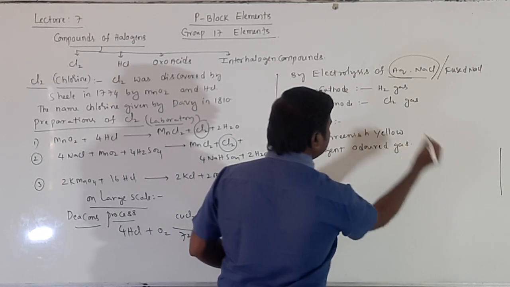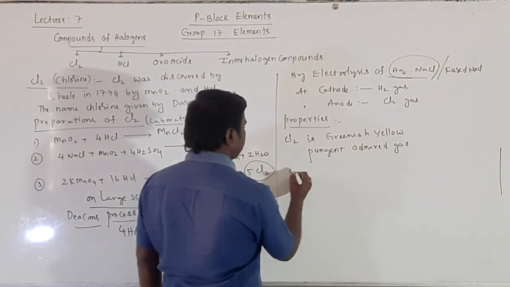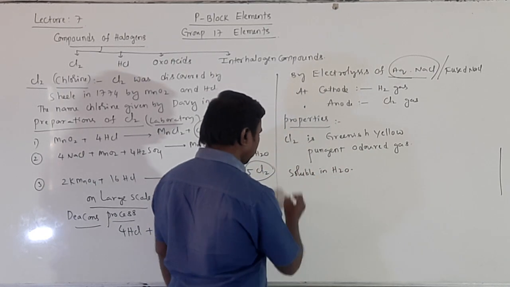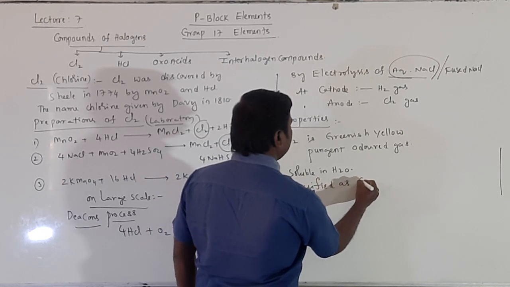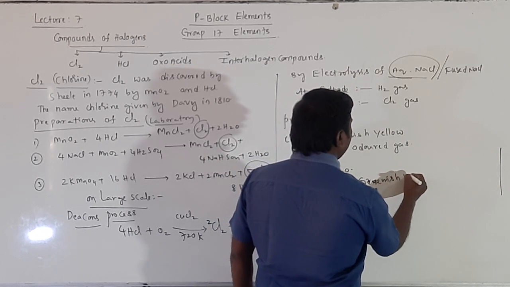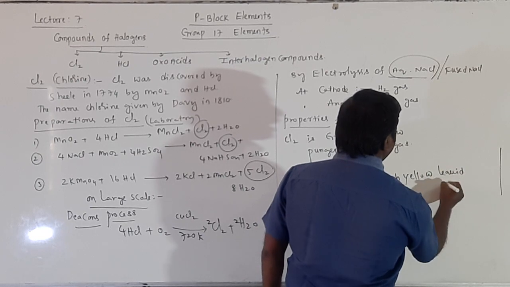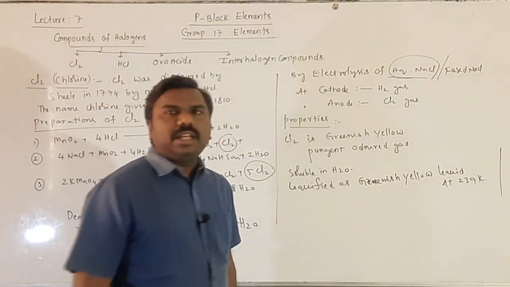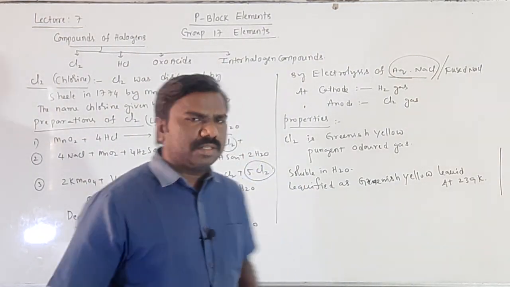It is easily liquefiable at room temperature and soluble in water. It is liquefied as a greenish yellow liquid at 239 kelvins. It can react with metals, non-metals, even noble gases also.